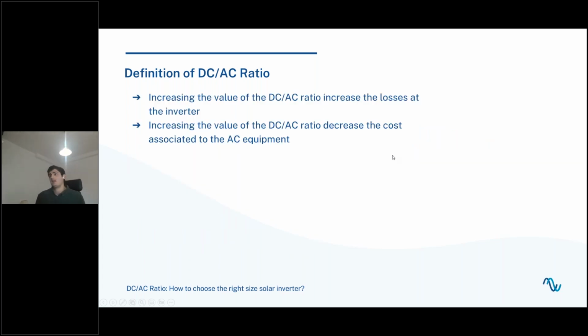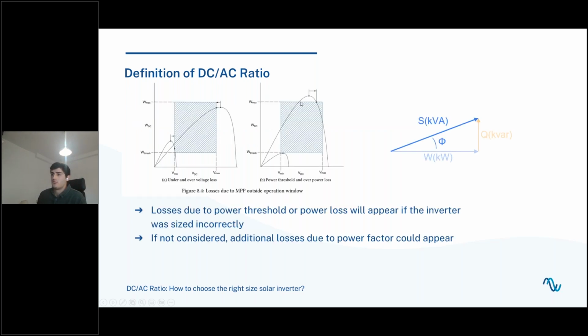So with that being said, as a summary of the definition of the DC-AC ratio, we have a trade-off here. If we increase the DC-AC ratio of the plant, it will increase the losses at the inverter, because we will have more situations in which more power reaches the input of the inverter, and we will incur some losses.